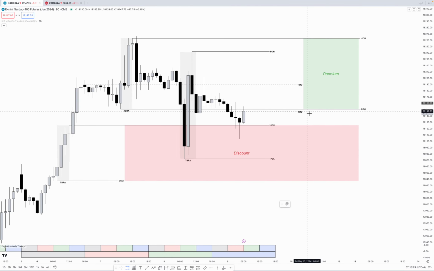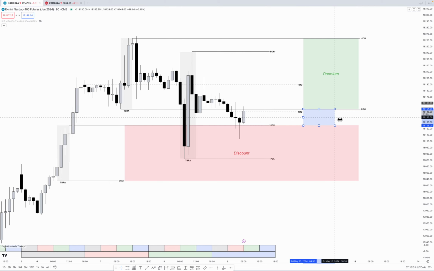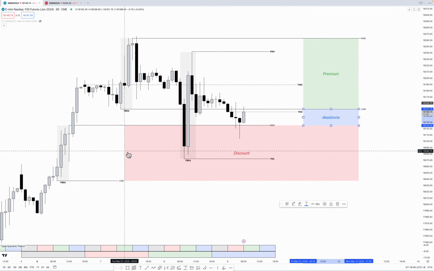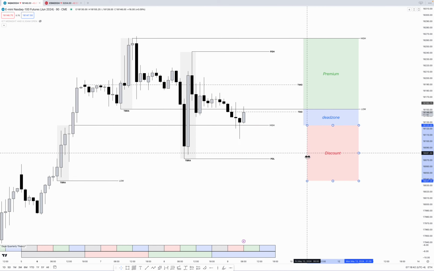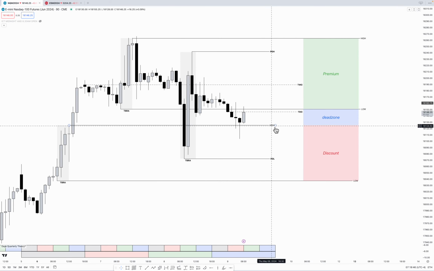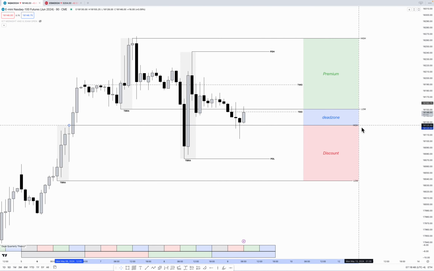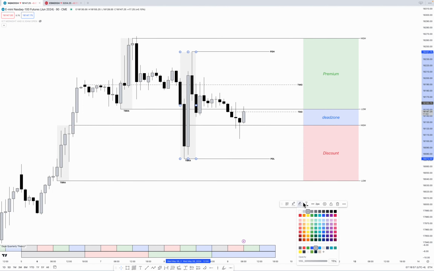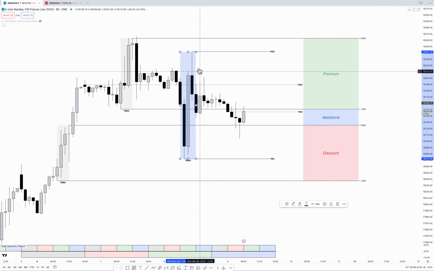So this range right here, let me just make this blue.